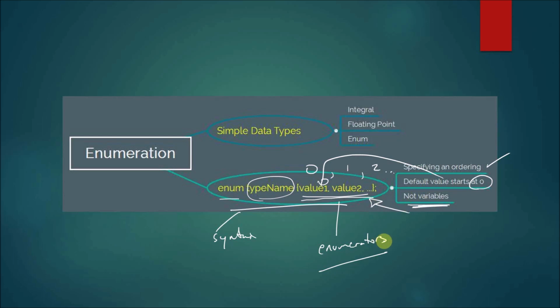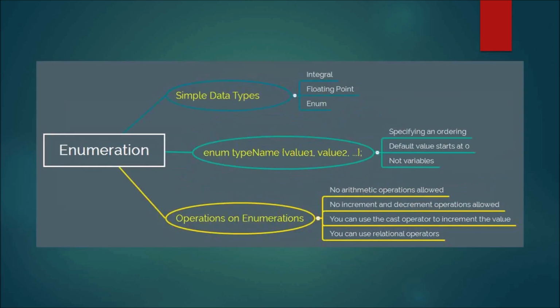These are not variables. Operations on enumerations: no arithmetic operations are allowed on enumerators, nor can you increment or decrement enumerators using operations.